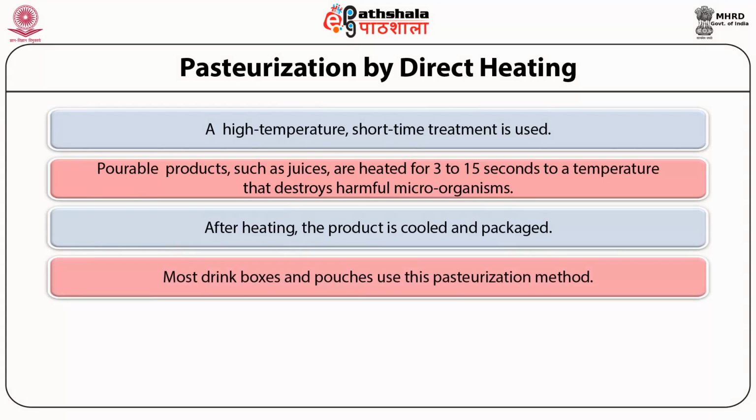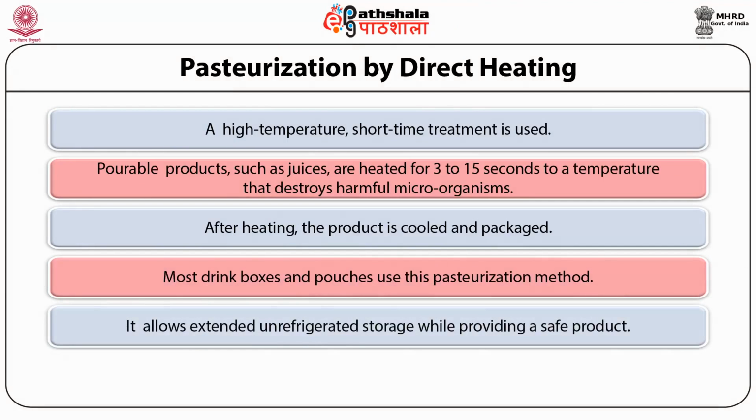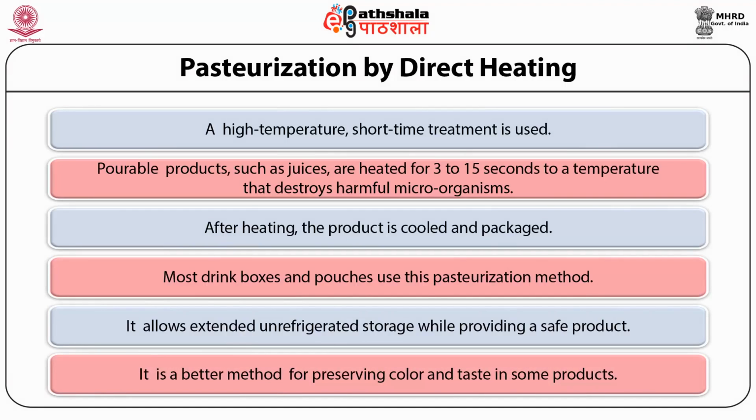Most drink boxes and pouches use this pasteurization method as it allows extended unrefrigerated storage while producing a safe product. It is a better method for preserving color and taste in some products.